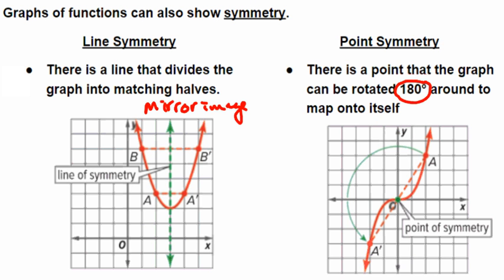It has to be able to do it at least once before you've made a full rotation. 180 degrees is halfway, and if it's the same thing when you've gone halfway, then we call that point symmetry, all right?